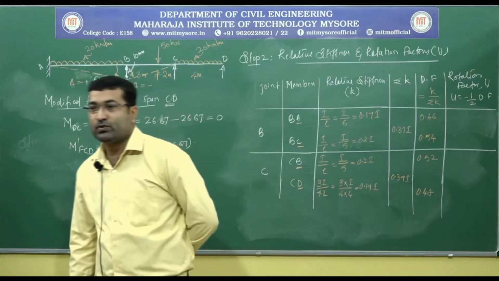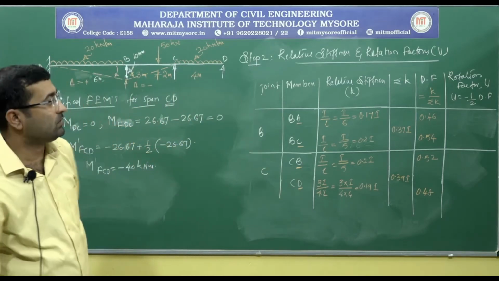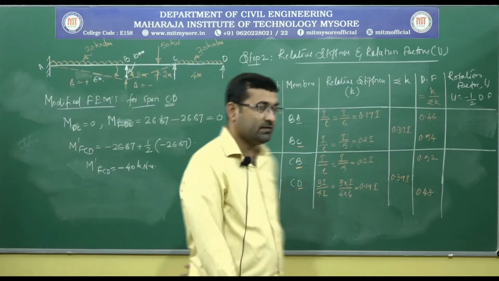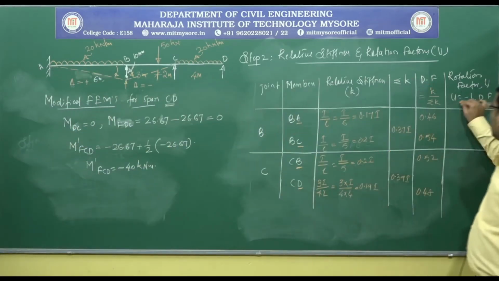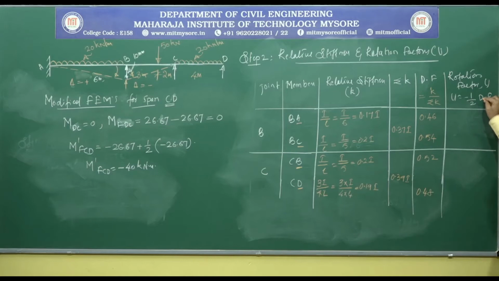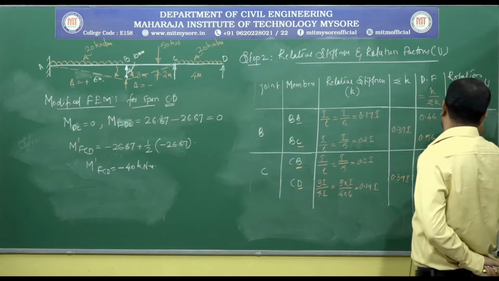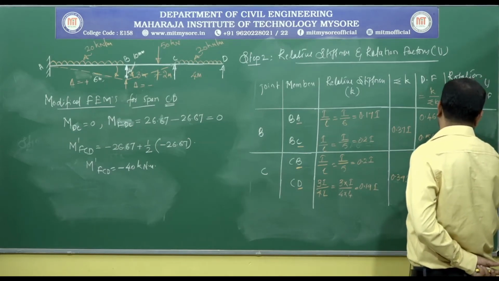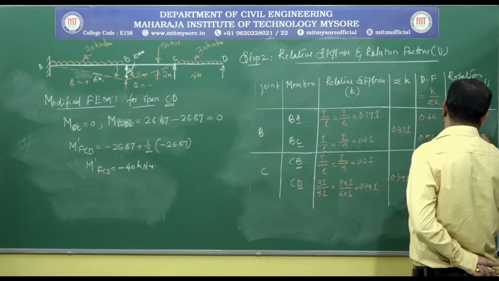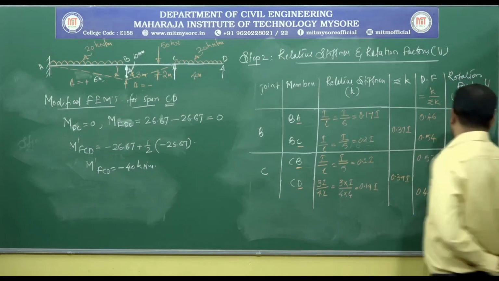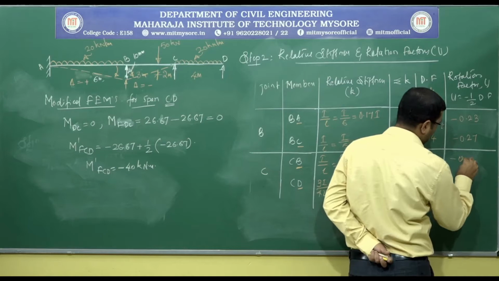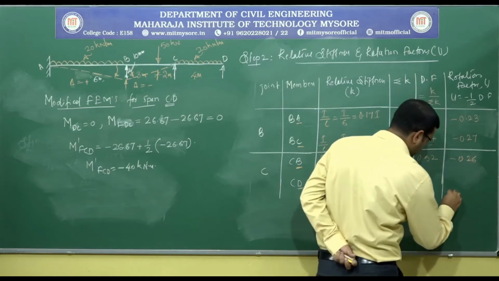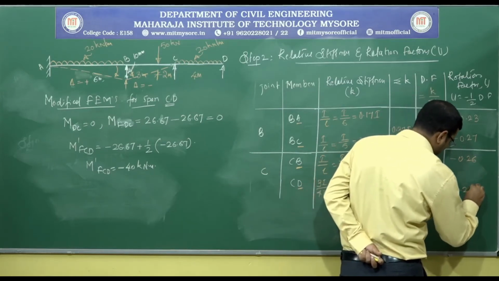With the help of the distribution factors, we can easily work out the rotation factors. Rotation factor is equal to minus half of the distribution factor. So, minus half of this, it is minus 0.23, minus 0.27, here it is minus 0.26, minus 0.24.